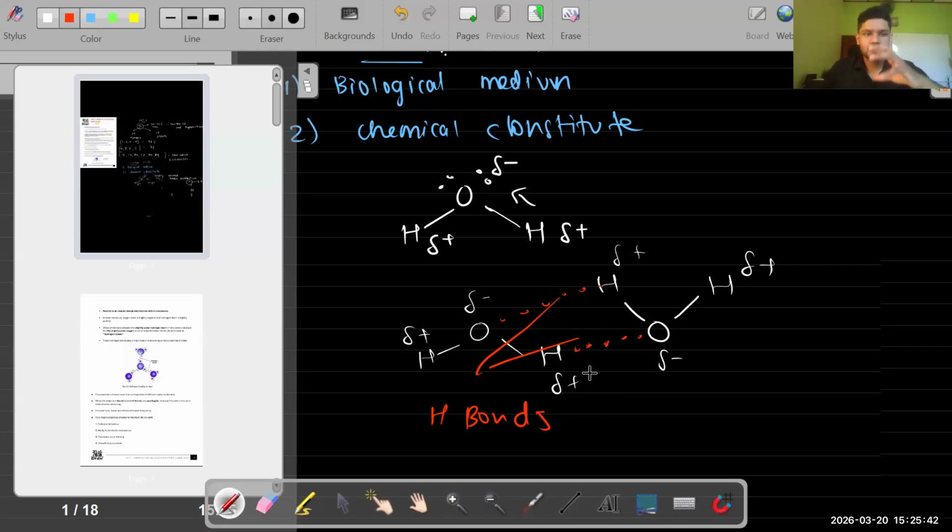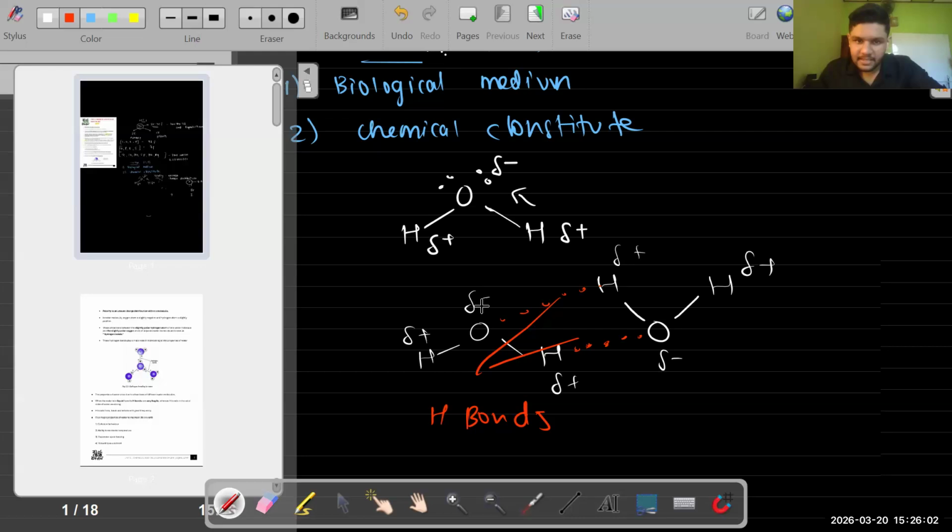Simply, the weak attractions that are present between the slightly polar oxygen of one molecule and the slightly polar hydrogen of another molecule, not the same molecule, are called hydrogen bonds. Is it clear?